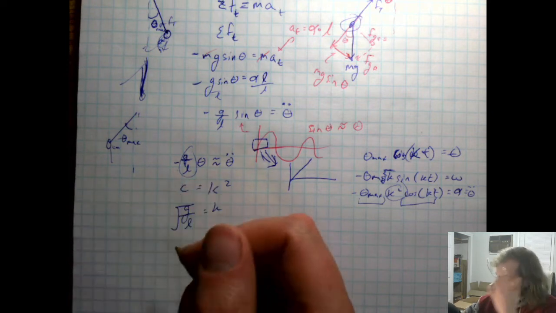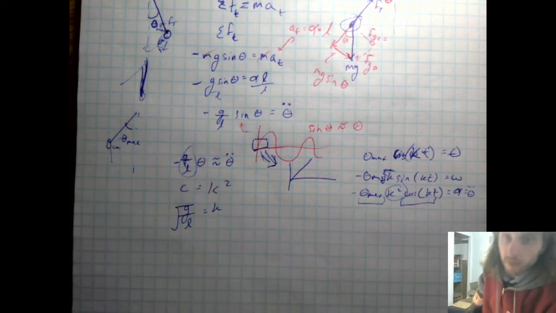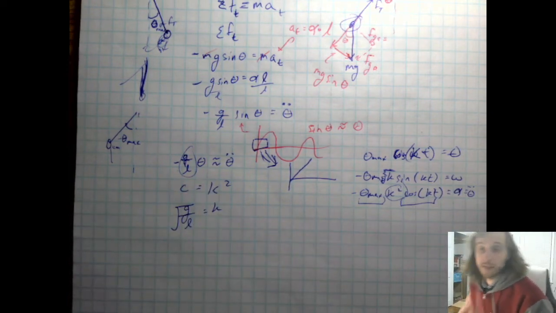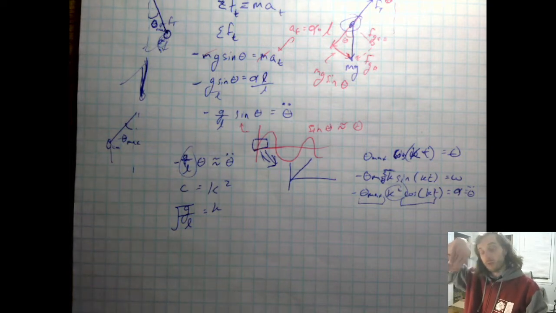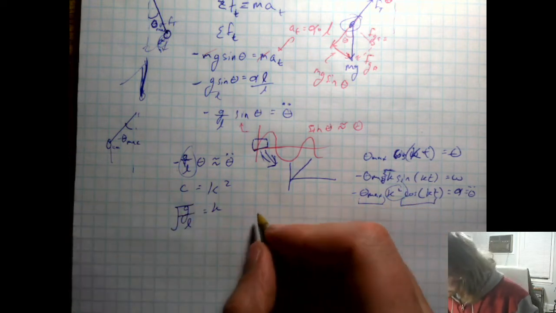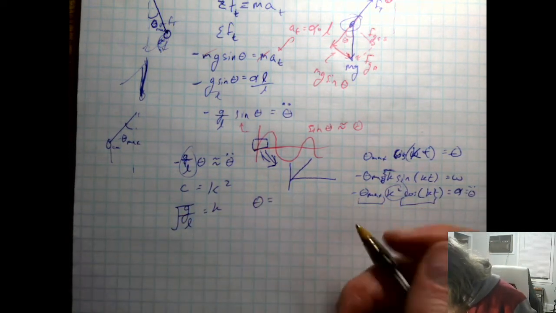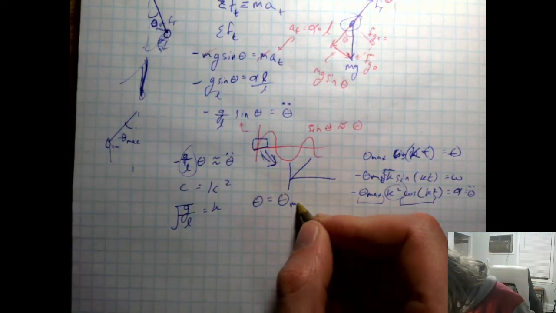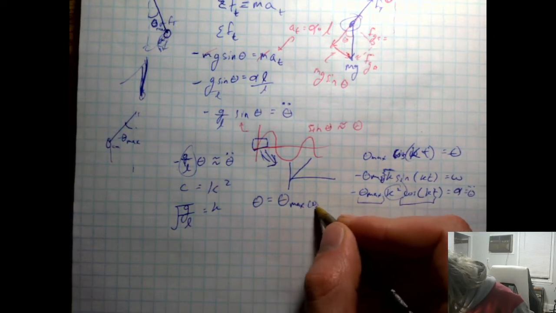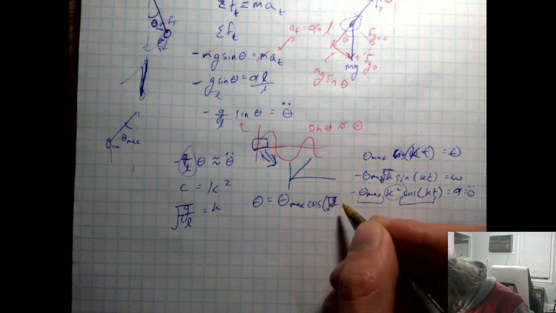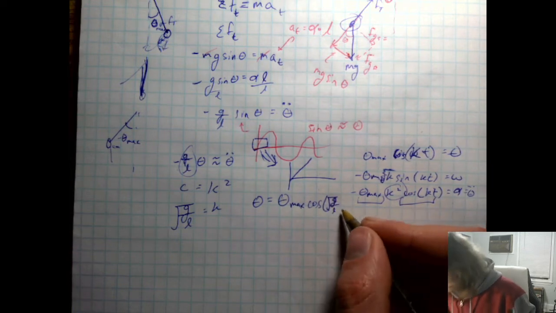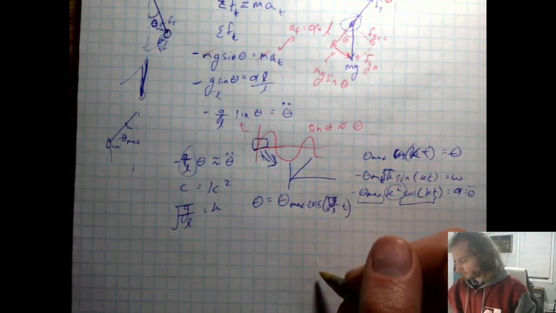So if we want to figure out the angle that's being swept out by this pendulum, or how far it's moved to one side or the other, we can do that by saying that our angle is going to be equal to the maximum angle times the cosine of the square root of g over L times our time.